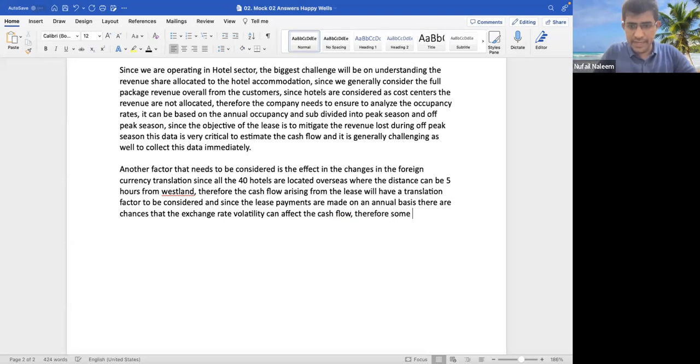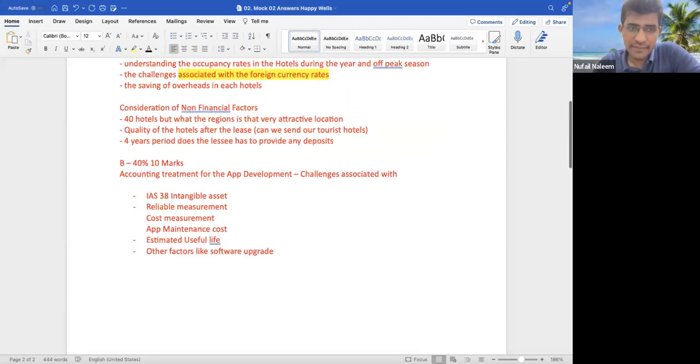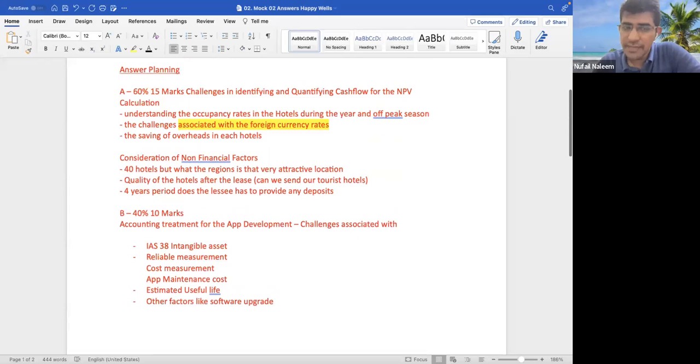Therefore, some allowances are important to make sure the cash flows are reflected in W dollars, which is the home currency. Full stop.